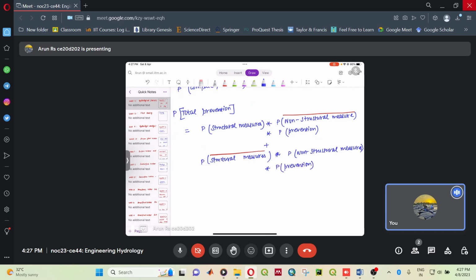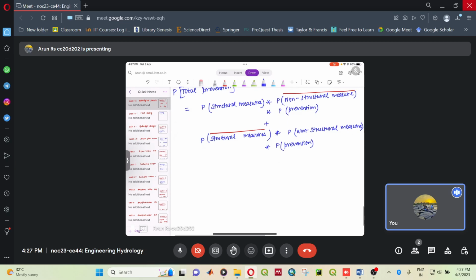So these are the two cases, A and B, and for the last case we will improve both.